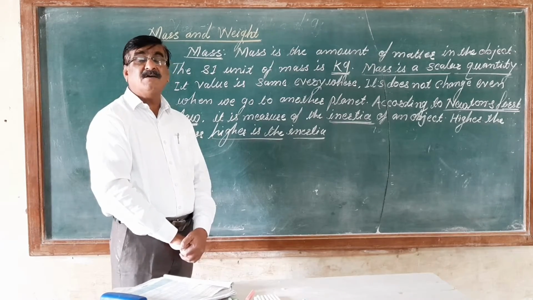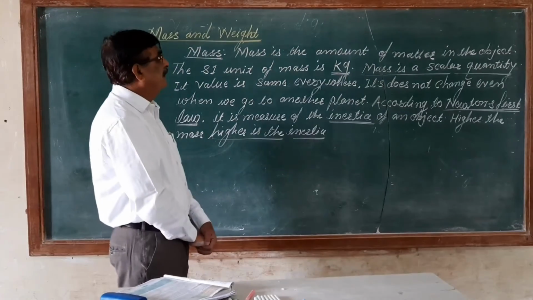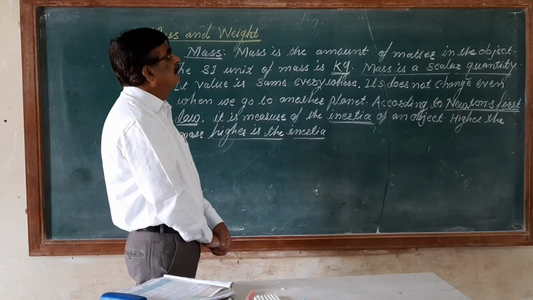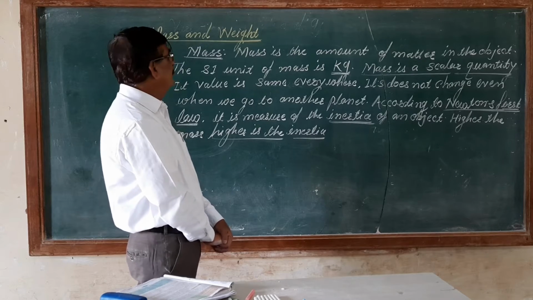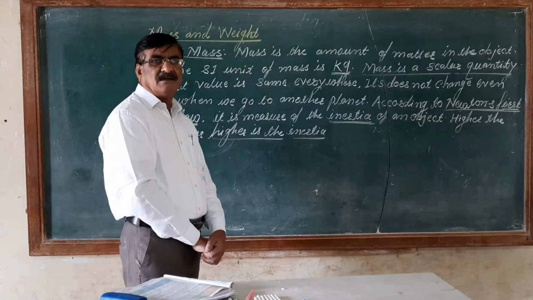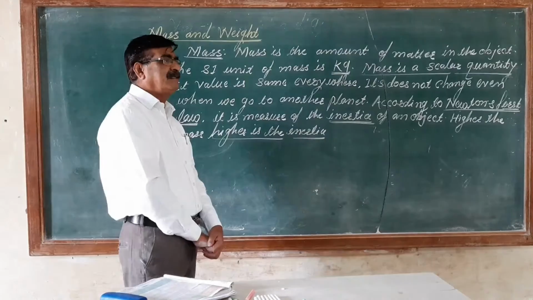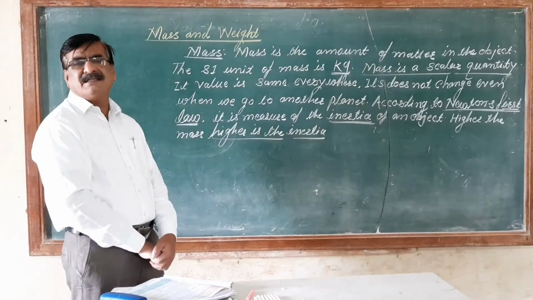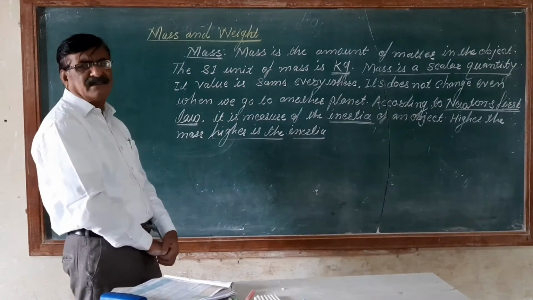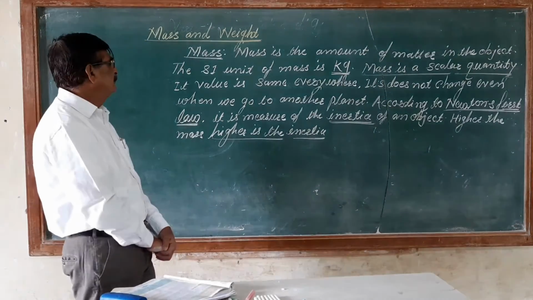It explains the quantity of matter in any object. And you also know the unit of mass in the SI system is kilogram, and in the CGS it is gram.